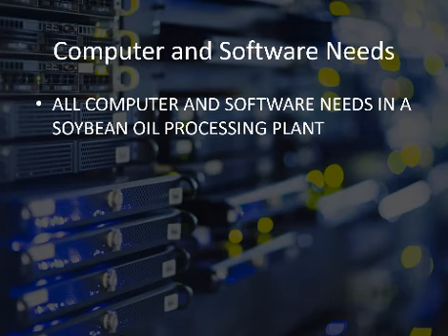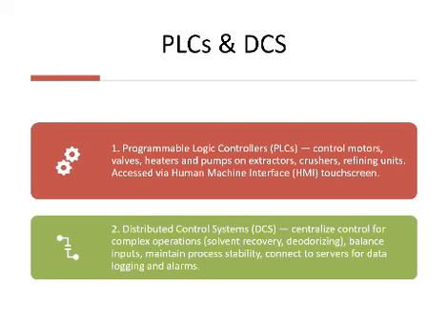Now, to the computer and software needs in a soya bean oil processing plant. We are going to look at some of these. Now we look at the PLCs and DCSs. The PLC, which is the programmable logic controllers, control the motors, the valves, the heaters and pumps on extractors, the crushers and the refining units.